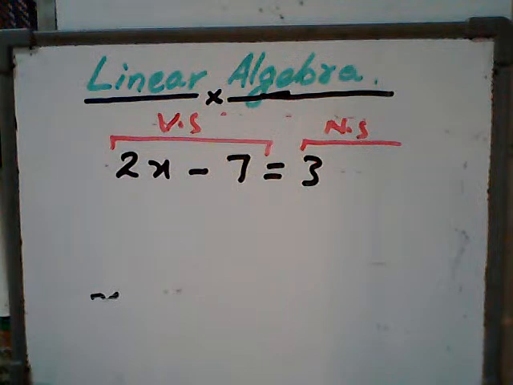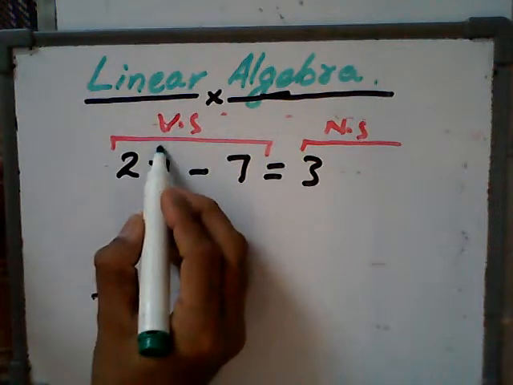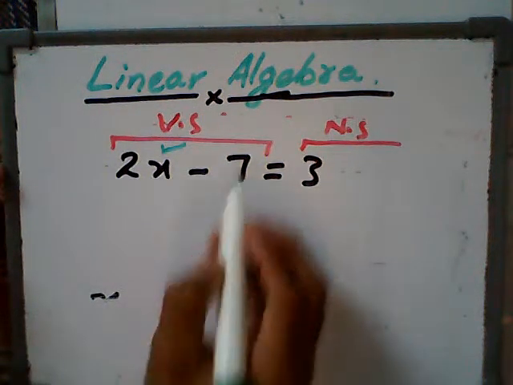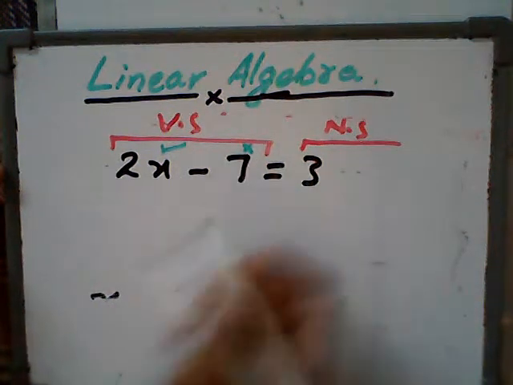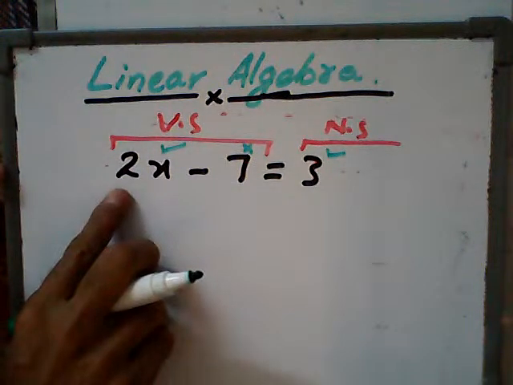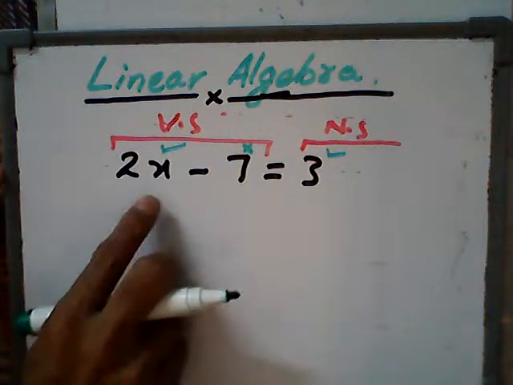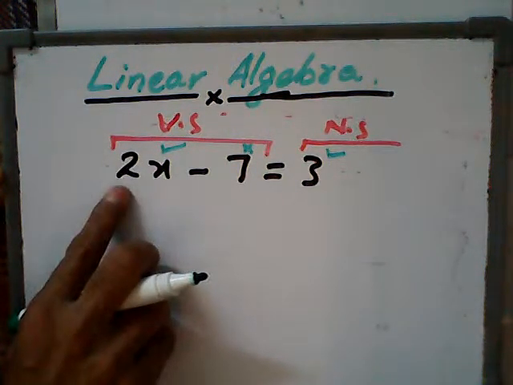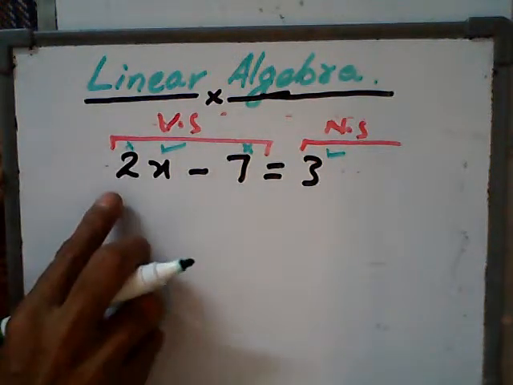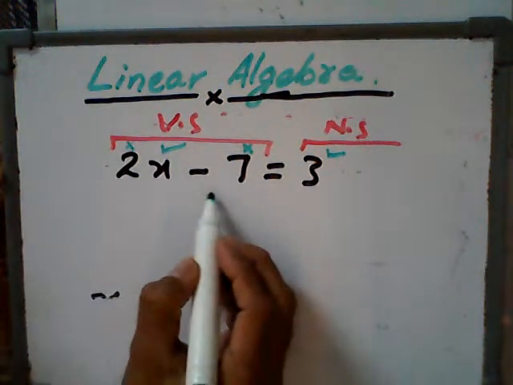We see that 2x is at the right place because it's a variable, minus 7 is at the wrong place because it's a number, and 3 is at the right place. We could say that 2 is also a number, not a variable, but it's part of the variable, so we'll deal with it later, though it is at the wrong place as well. But which number should be dealt with first? We'll deal with the number which is alone.